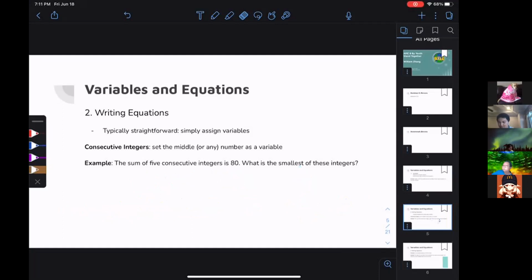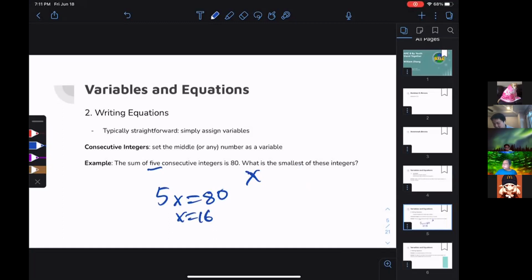That's very convenient, because if you have the middle number as your variable, say x again, although it's a different x, and you have 5 consecutive, it's just 5x is equal to 80. So then you have x is equal to 16.